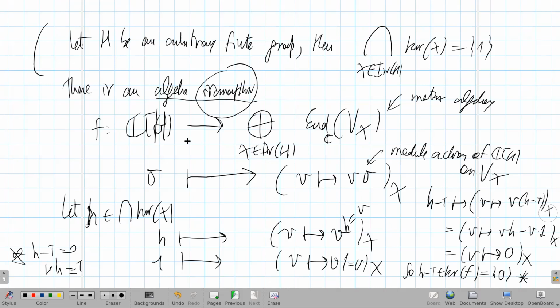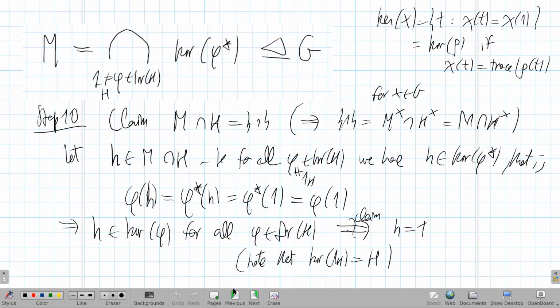So this is an important fact. Let's close the parenthesis here: the intersection of the kernels of all irreducible characters of an arbitrary finite group is trivial. And, okay, fine.